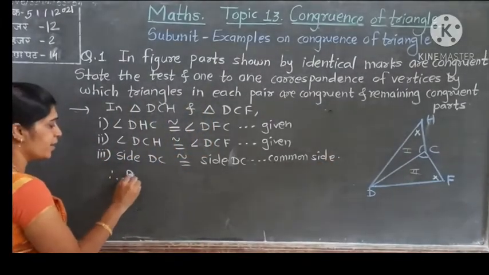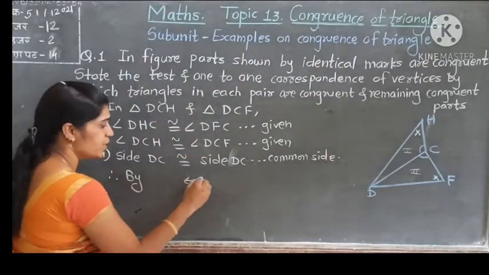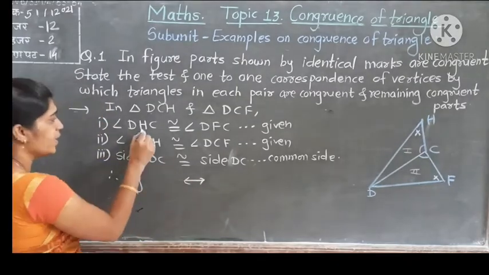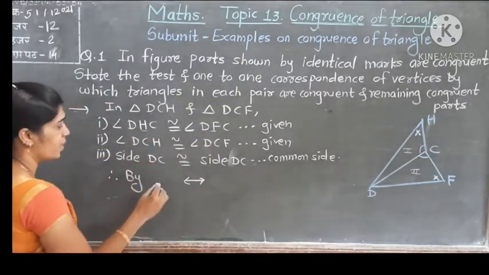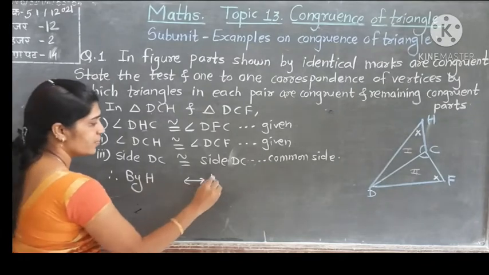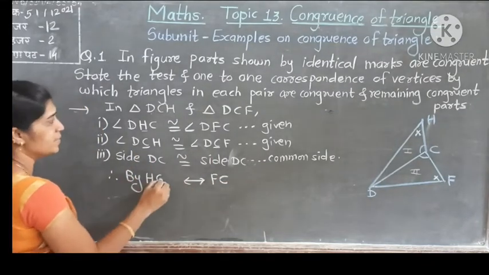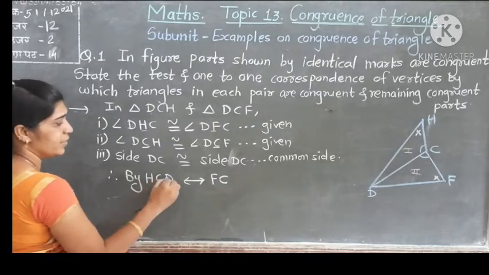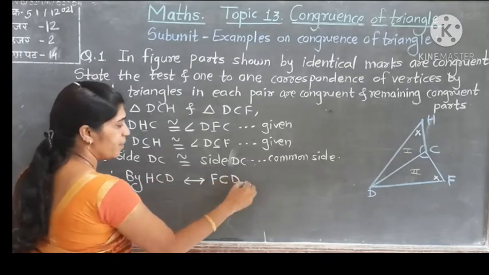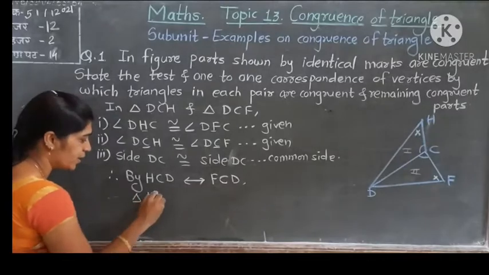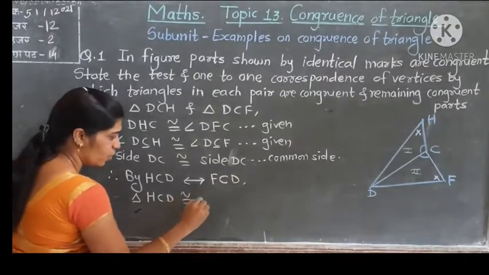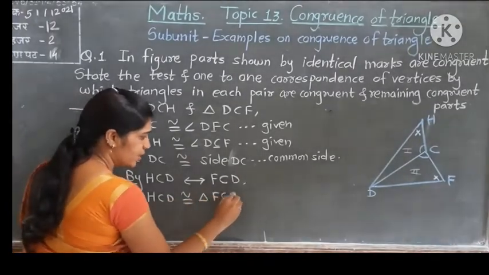Therefore, by which correspondence? Write H, F, then C, C, and the remaining H C D, F C D. By this correspondence, triangle HCD is congruent to triangle FCD.